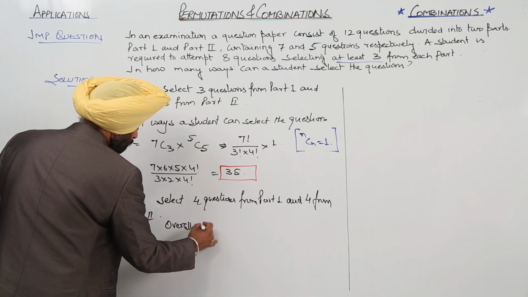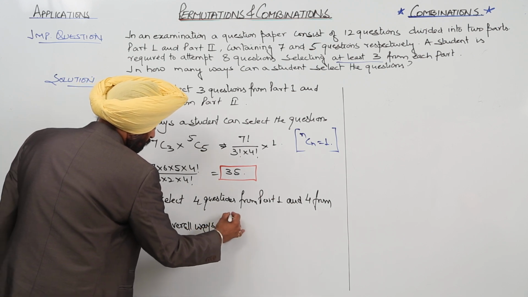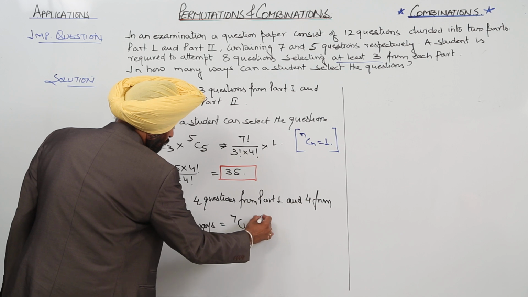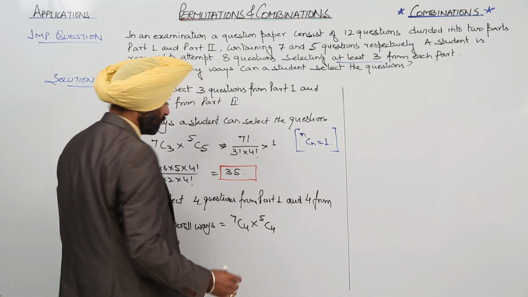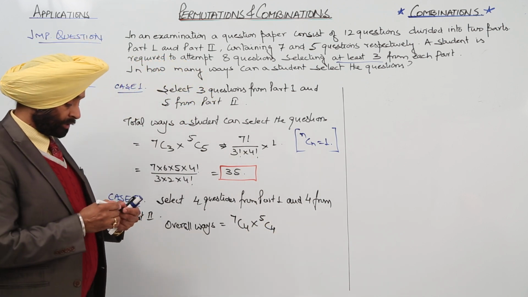Overall ways is equal to 7C4 times 5C4. 4 and 4 makes 8, okay.